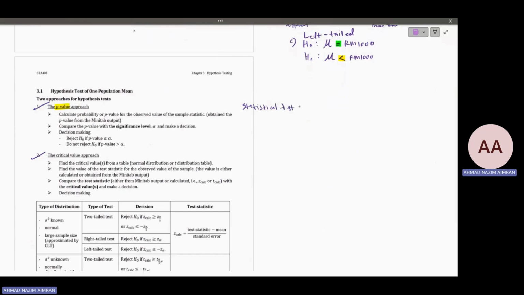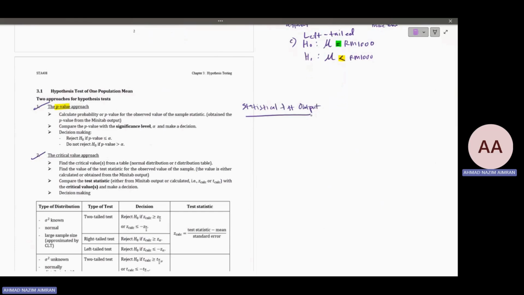Statistical test output. So the first approach is actually the easier way of how to reject H null or fail to reject H null to test the hypothesis, because there is no calculation required in this module.